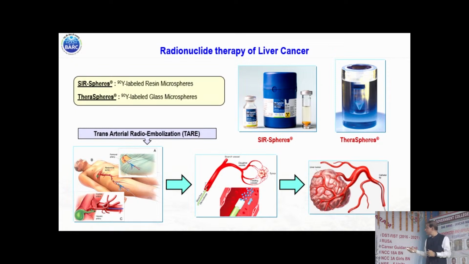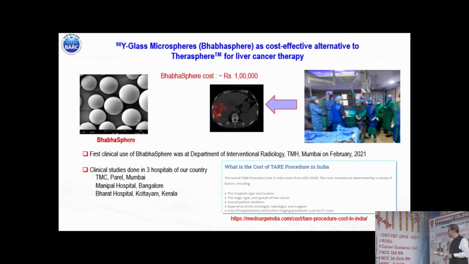But the issue is its cost. One dose costs around 10 to 12 lakh rupees if you import. So it is a very big issue in India, because this is almost unaffordable to a major population of India. So what we have done is that we have developed our own TheraSpheres and we call it BhavaSphere.